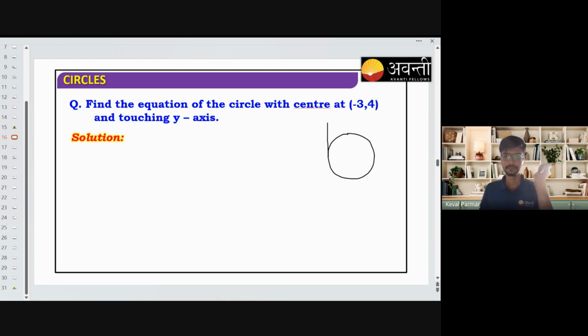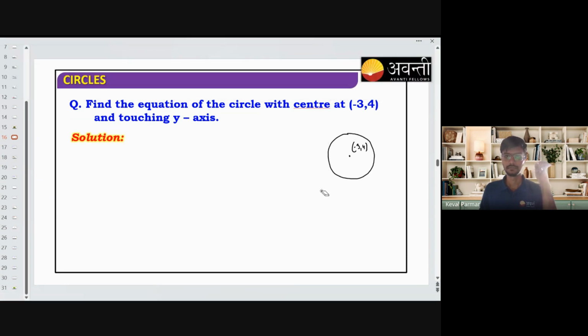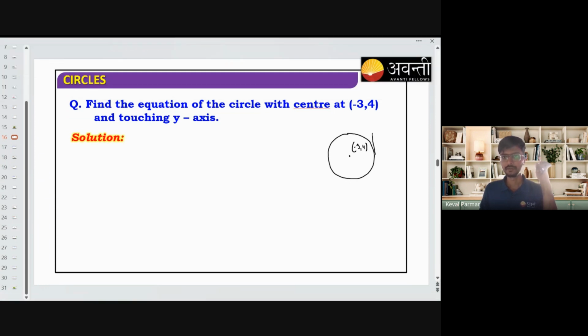Right, guys? The center of the circle is -3, 4. I think I made it wrong, right? Because -3. Okay, so the y-axis will be like this. It will be in the second quadrant, right? So in the second quadrant, the y-axis will be here and this will be the x-axis.